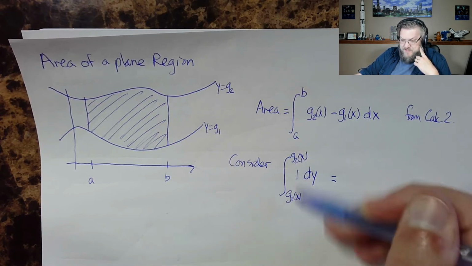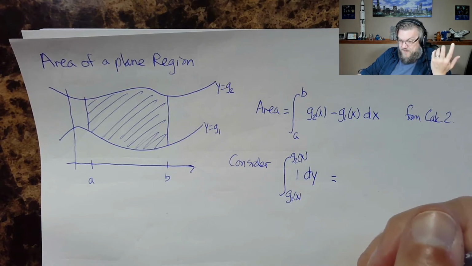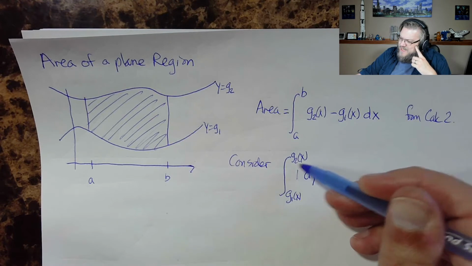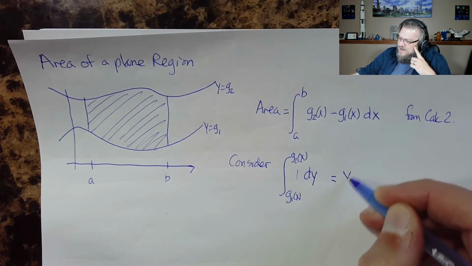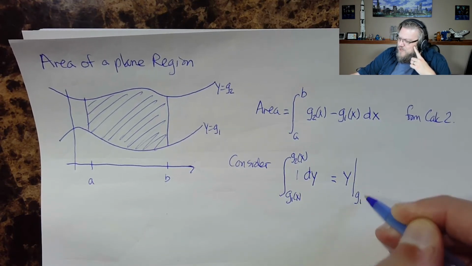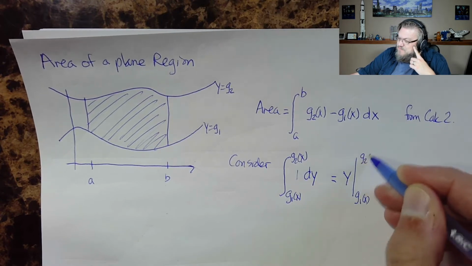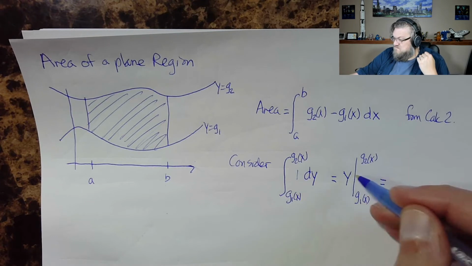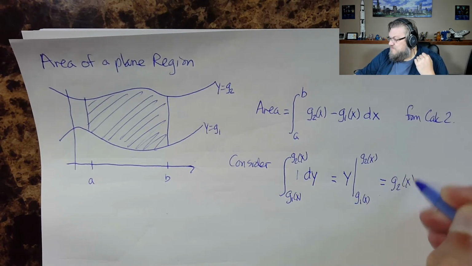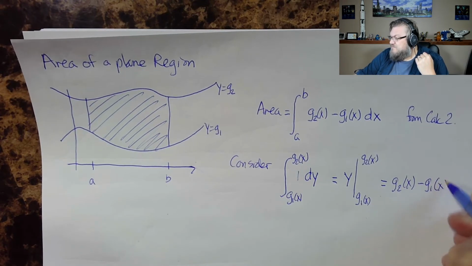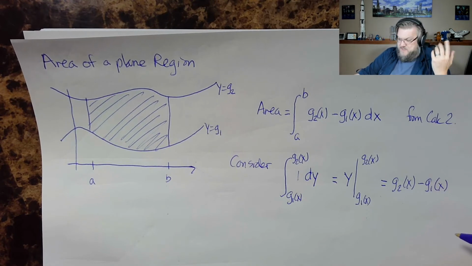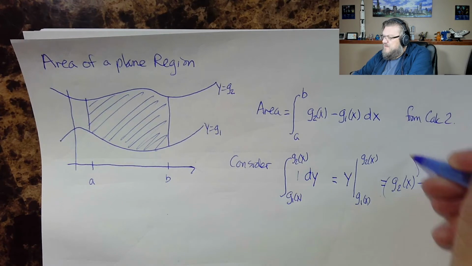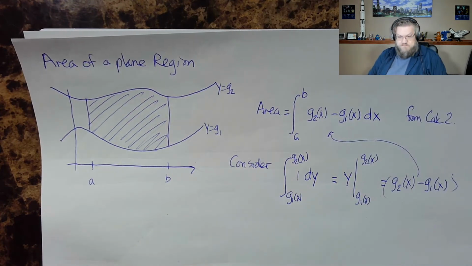These are constants relative to y. They are functions of x, but they're constants relative to y. So I integrate the 1 and I get y evaluated from g1 to g2, and by the fundamental theorem, that's going to get me g2 of x minus g1 of x. That's just the difference between the two functions. But that's exactly what this is.